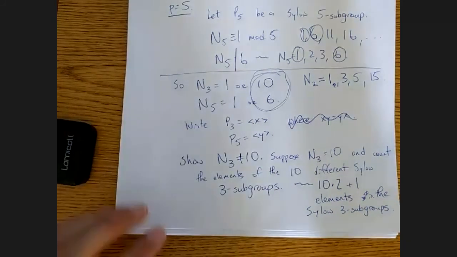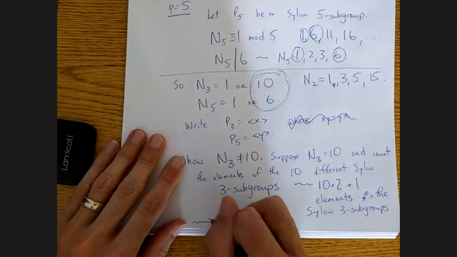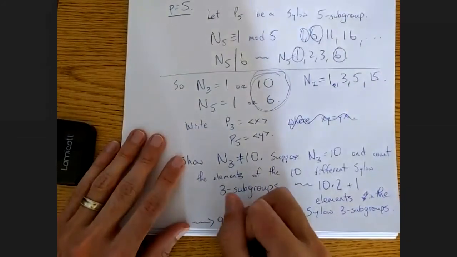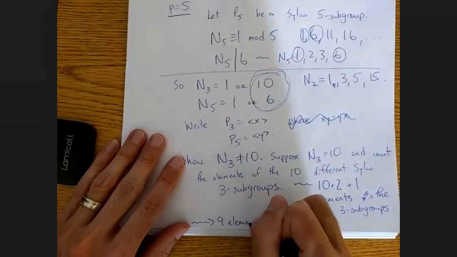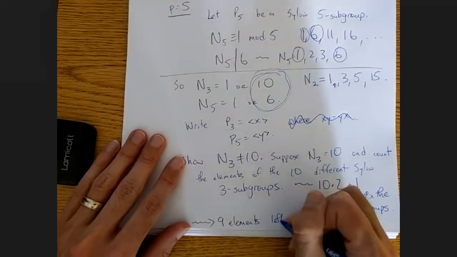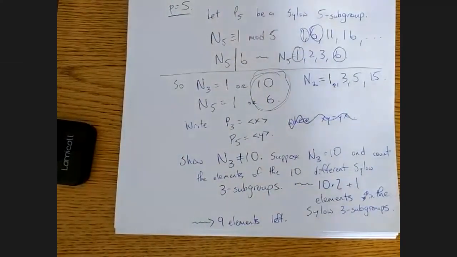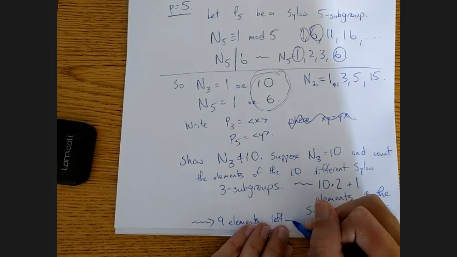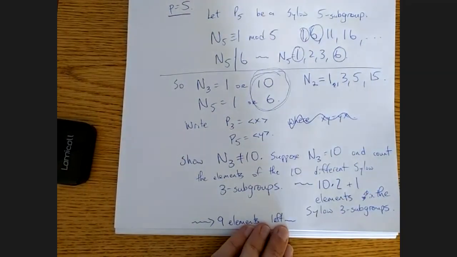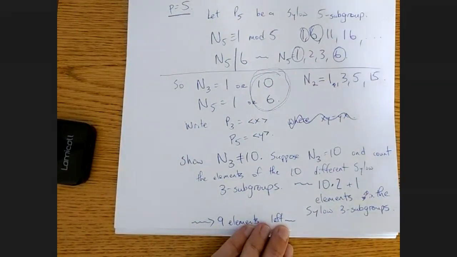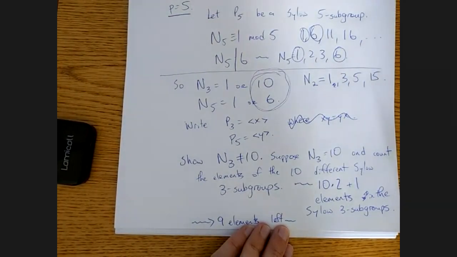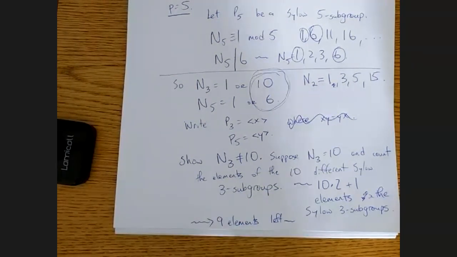Then what do you have left? You have 9 elements left. What you can argue from there is that those have to join up to give you all the elements of order 5 and all the elements of order 2.